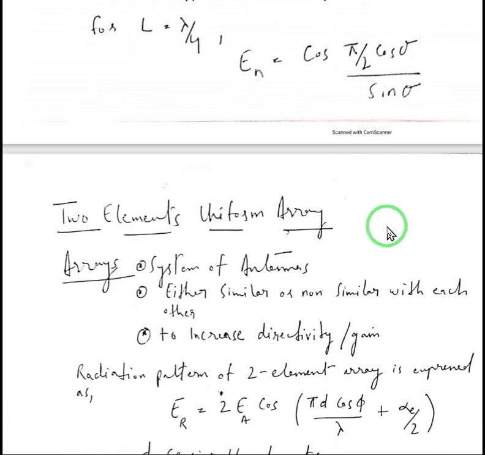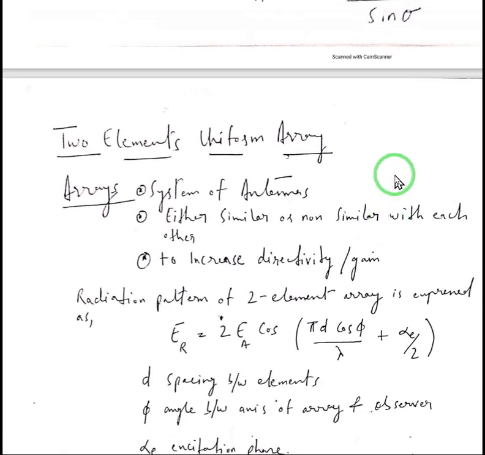Next is the two element uniform array. As it has been discussed, arrays are nothing but the elements that are connected with each other to make an antenna. That is the system of antenna. It can either be similar or non-similar with each other. If the elements have similar properties, then it becomes a uniform array.